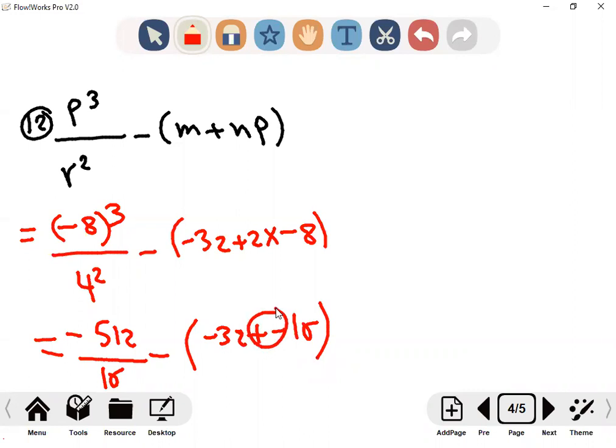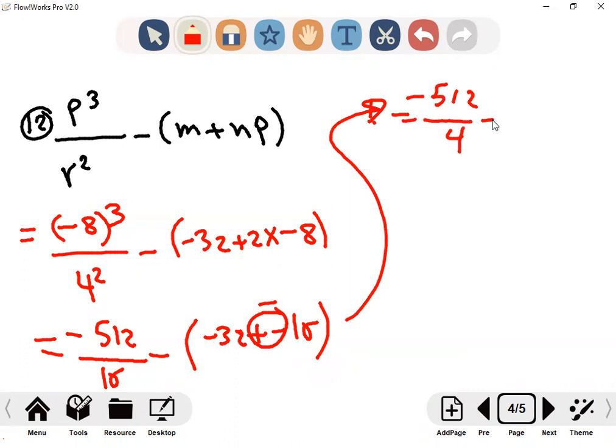Now this is negative. Negative 32, negative 16, negative 48. So this is equal negative 512 over 4 minus 48. Right? 16, I meant 16 but the pen is broken. Okay?